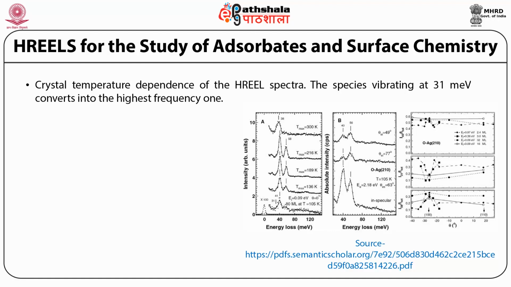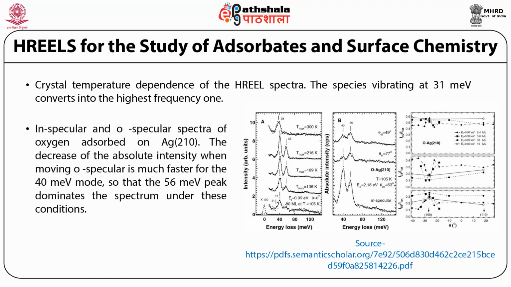In B, the specular and off-specular spectra of oxygen adsorbed on the silver 210 surface have been given. The decrease of the absolute intensity when moving off specular is much faster for the 40 milli-electron volt mode, so that the 56 milli-electron volt peak dominates the spectrum under these conditions.